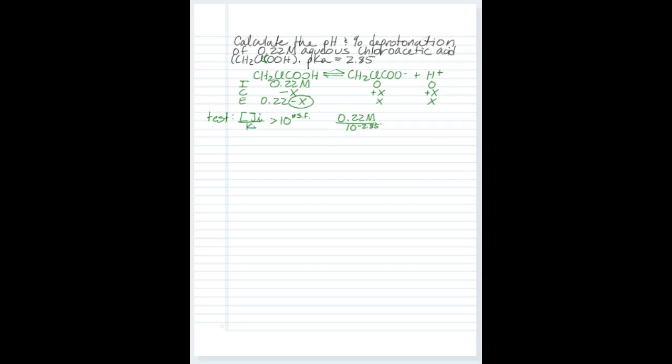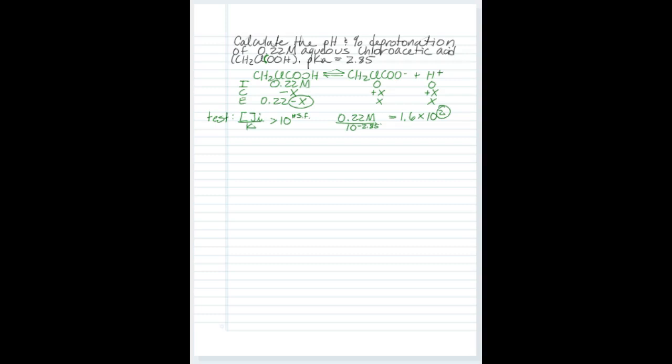So 0.22 divided by 10 to the negative 2.85 equals, let's write it in scientific notation, 1.6 times 10 to the 2.